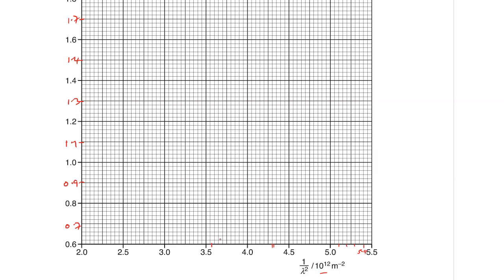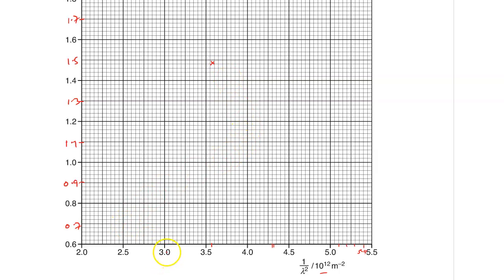Right, so 1.49, 1.4 is there. This was 1.5. 1.4 is there. So 1.49. So 9 is somewhere here in between there, so I plot there.